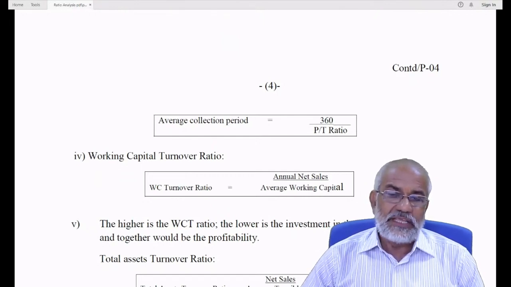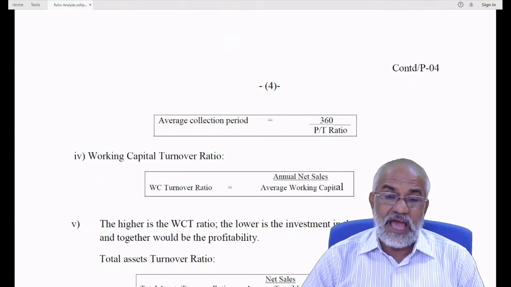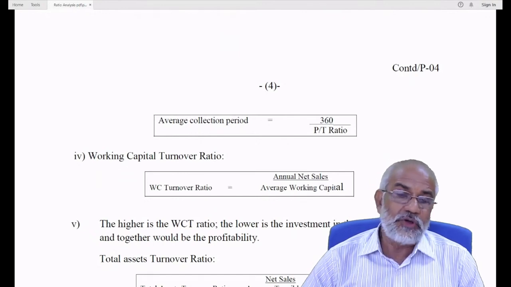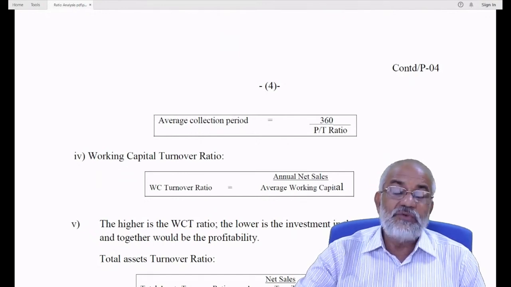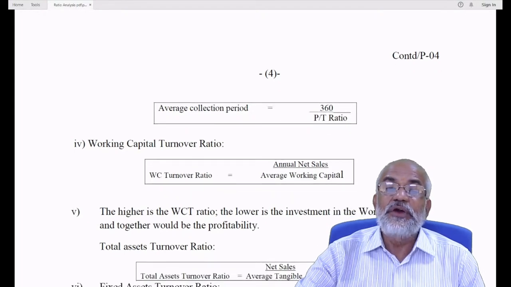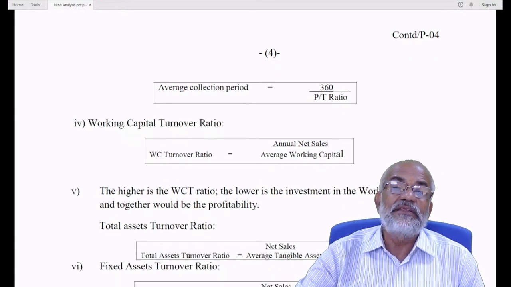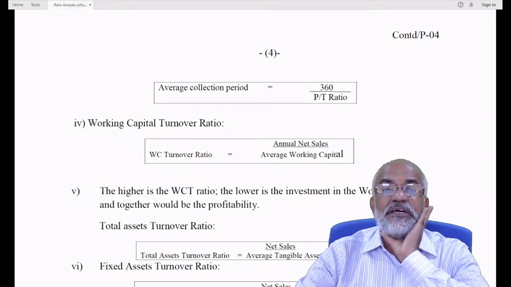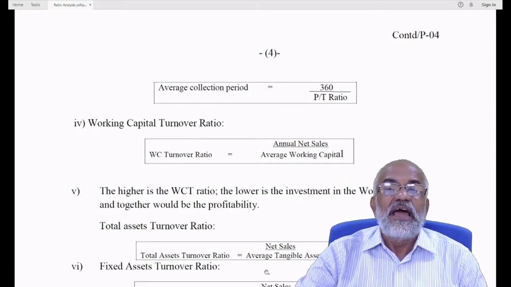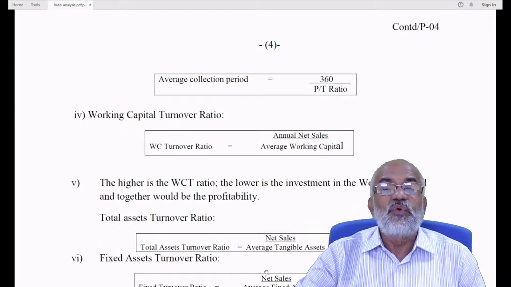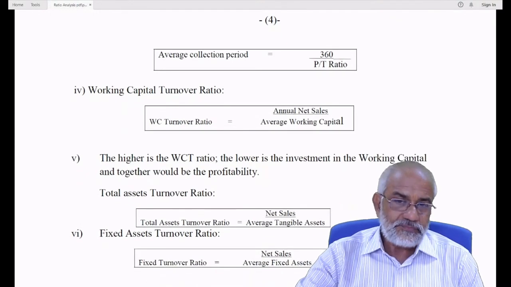The annual net sales is divided by the average working capital to find out the working capital turnover ratio. The higher the working capital turnover ratio, the lower is the investment in working capital, and the higher the profitability. And then we can go for computation of the total asset turnover ratio.